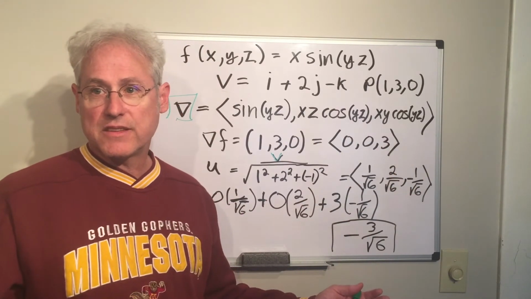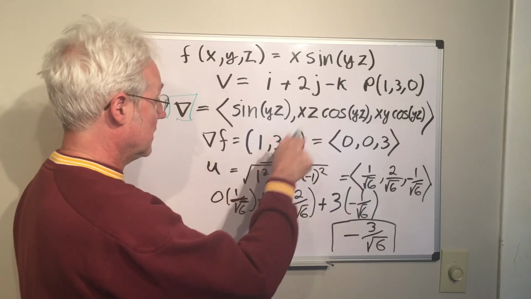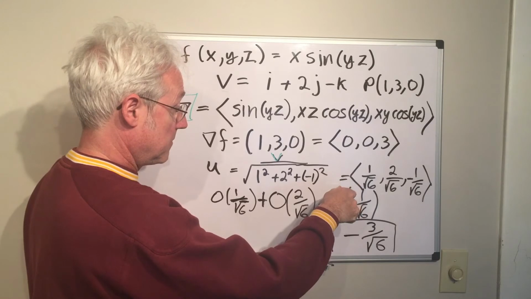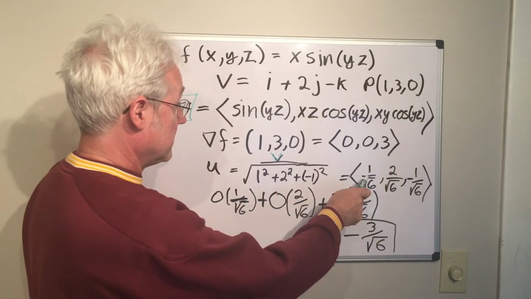And the last thing to find the directional derivative, if you take the dot product of the gradient times the unit vector, and that's pretty easy to do.